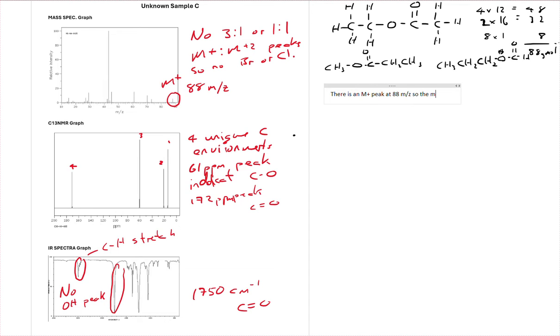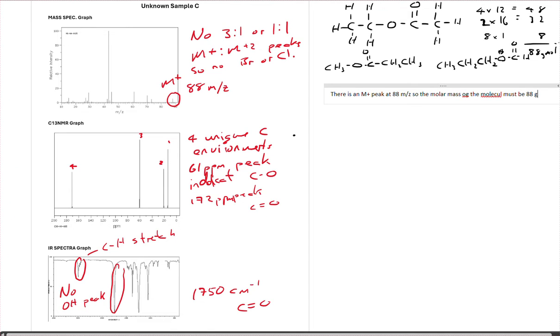So the molar mass of the molecule must be 88 grams per mole, g mol⁻¹. Looks like I spelled molecule wrong. Let's correct that. Molecule, E missing on the end. Okay. So there is an M plus peak at 88, so molar mass of.